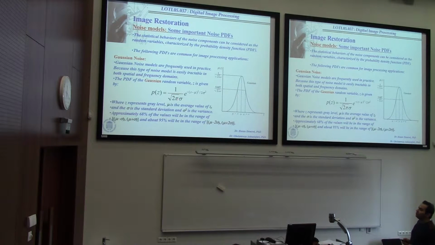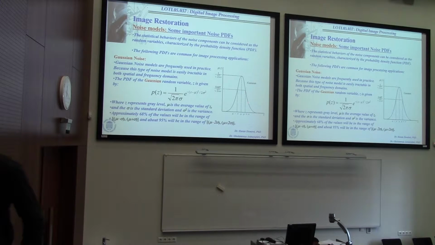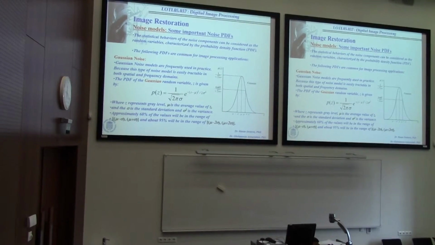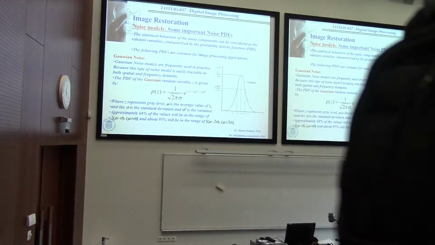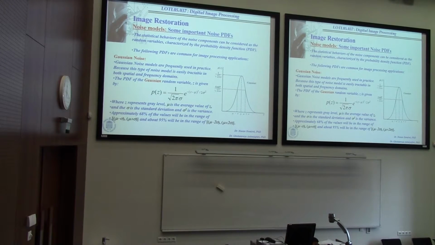And also you know that around 68% of the values are in this area between mu, we call it mean here, mu minus sigma and mu plus sigma, and 95% of the values are in this range, that is mu minus 2 sigma and mu plus 2 sigma, it's here and here.